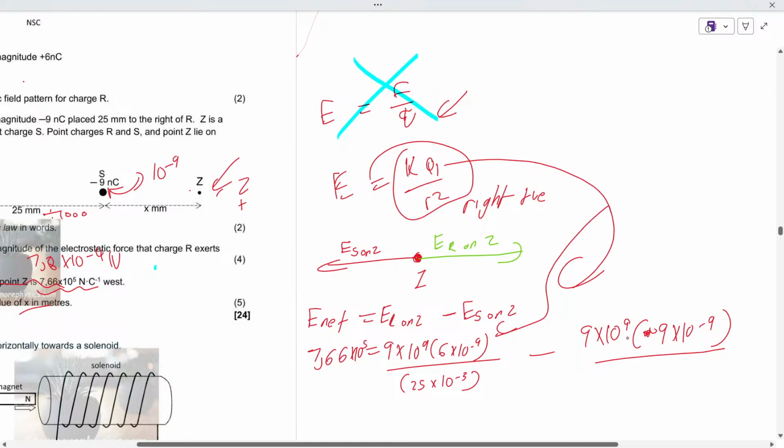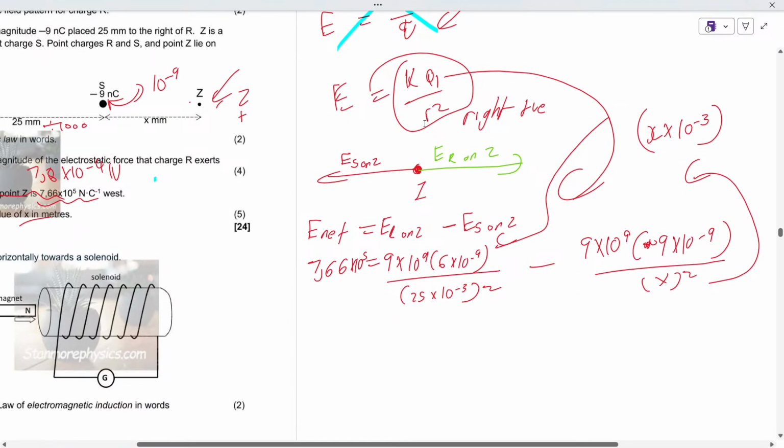If we leave it as x squared, it's very important that there's a square. If you just leave it as x, you will get your distance in meters. But if you substitute x multiplied by 10 to the power negative 3, you will get your distance in millimeters. But now let's get our distance in meters.